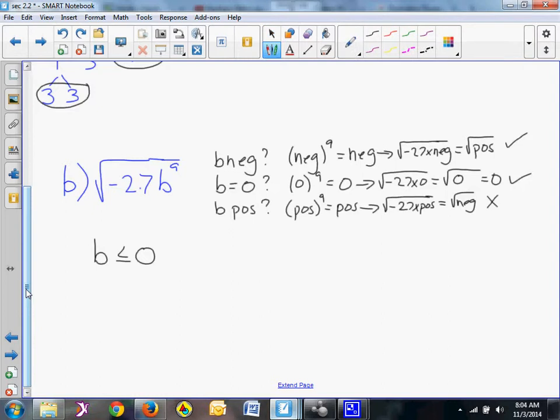Now we need to simplify this radical if possible. I'm going to take the 27 and prime factor it. 27 goes down to 9 and 3. 9 goes down to 3 and 3. And then b to the 9 is just b times itself 9 times.